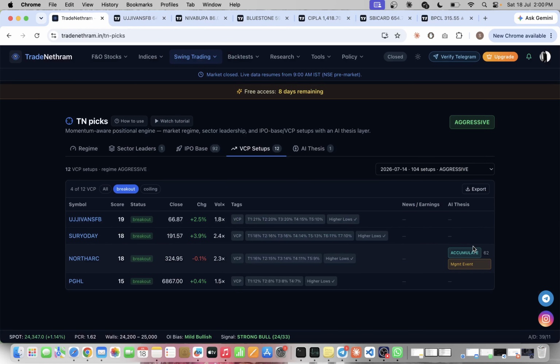AI is also telling me for investing purpose it is saying accumulate this stock, and there is a management event also coming up, and this VCP pattern is also saying that a breakout is coming up. So all these patterns are aligning for swing trading. So that's why we can combine all this information and see where exactly the big players, the news, the AI thesis are, combine it all and make an entry.